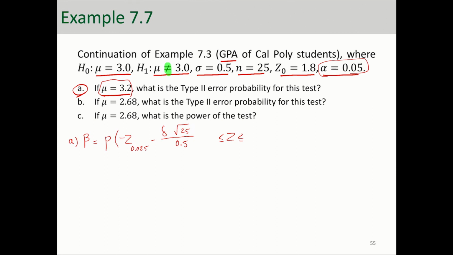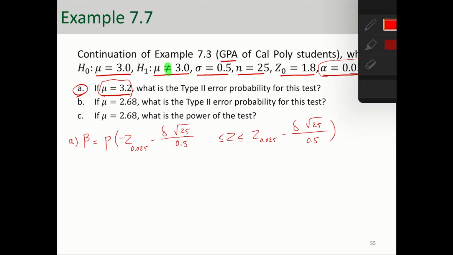And on the other side, we have z of 0.025, alpha over 2, minus same thing, delta square root of 25 over 0.5.